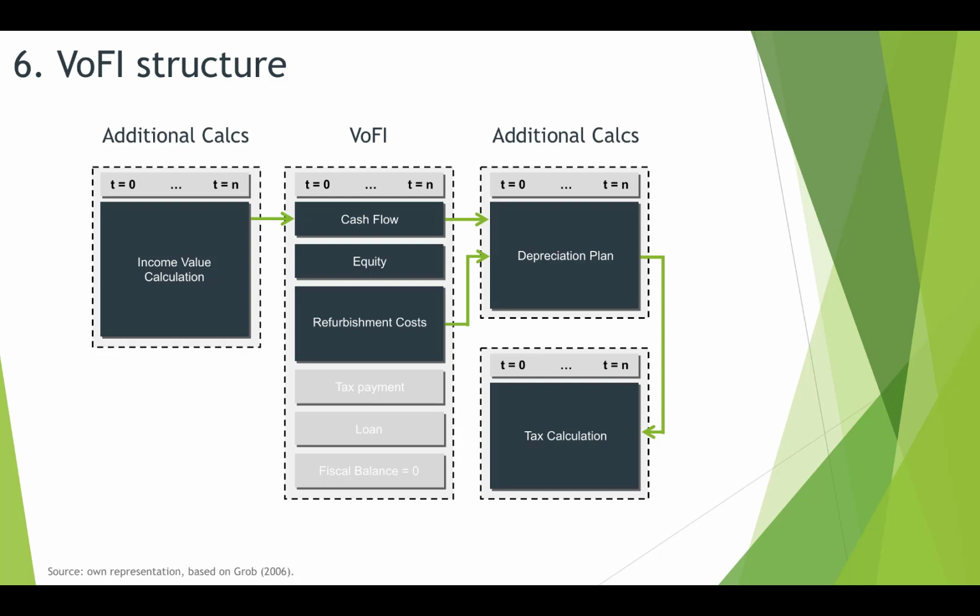The refurbishment costs are used to set up a depreciation plan. Several depreciation methods can be applied. Why is this relevant, respectively cash effective? Because the depreciation has an impact on the cash flow which you need to pay taxes on.